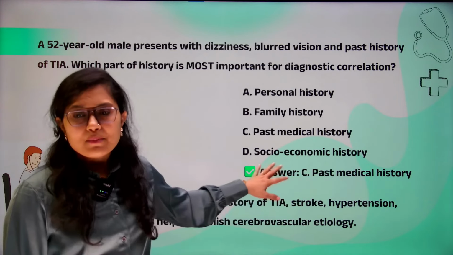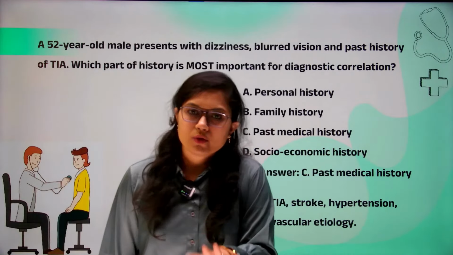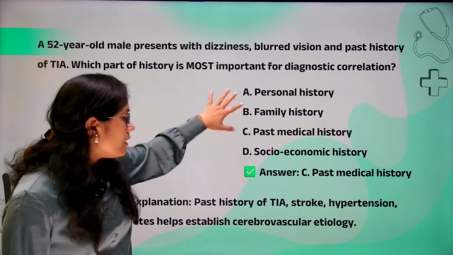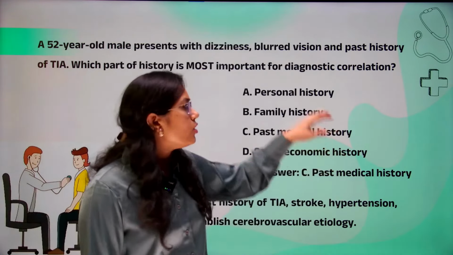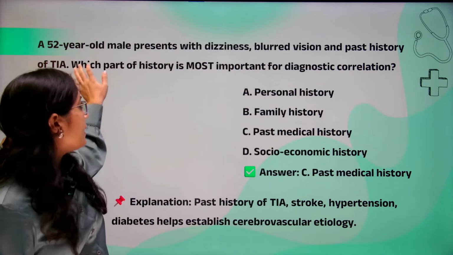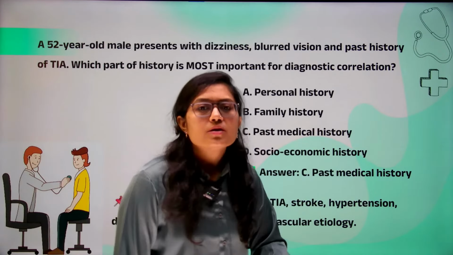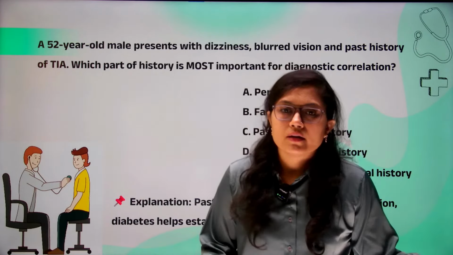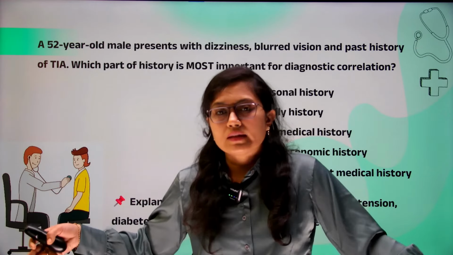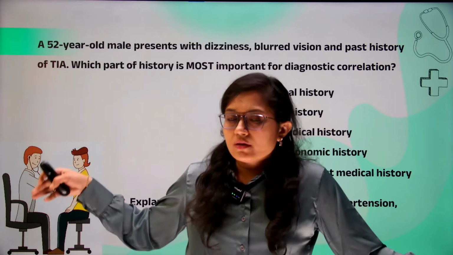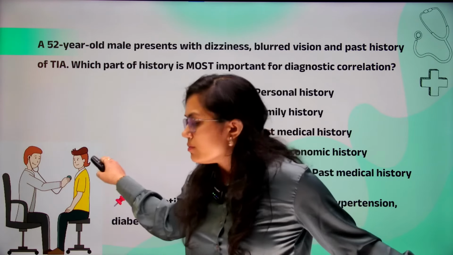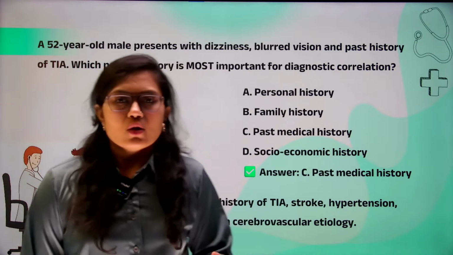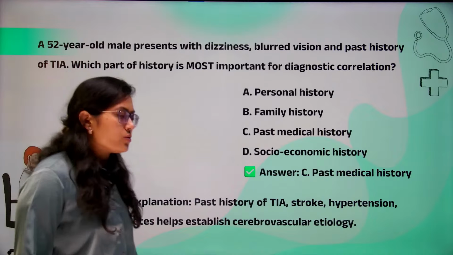I had already mentioned the answer, but I want to know from you which answer is more related. The answer is past medical history, because the patient has a history of TIA, and the patient is having dizziness along with blurry vision. So that can be one of the reasons that the patient's affection in the brain could occur, and we can correlate easily. So this is the most important history that we need to correlate with the past medical history.